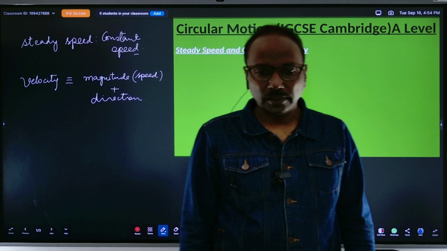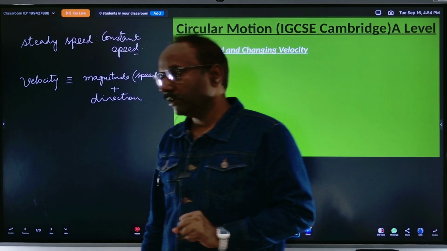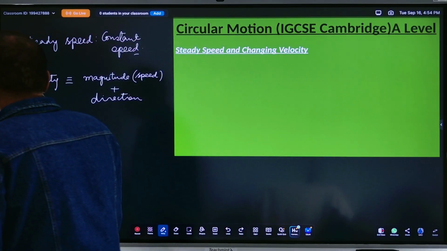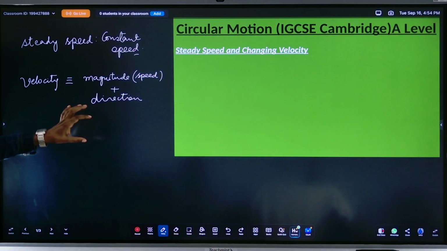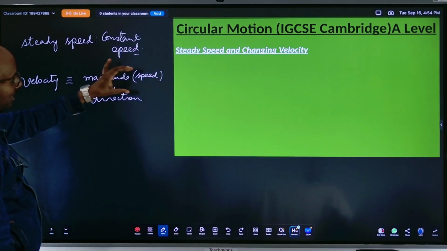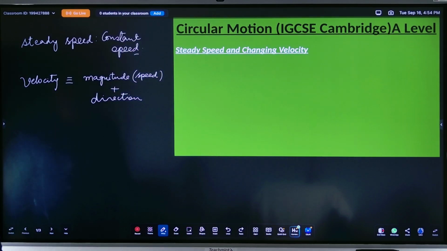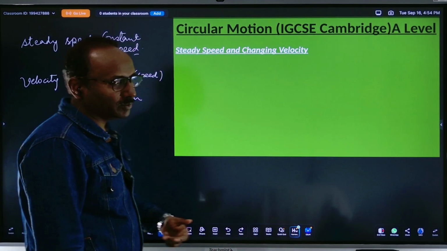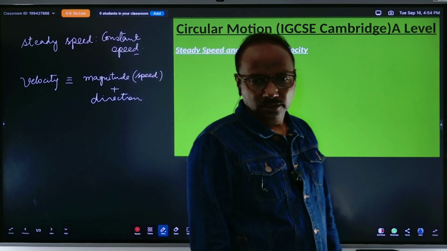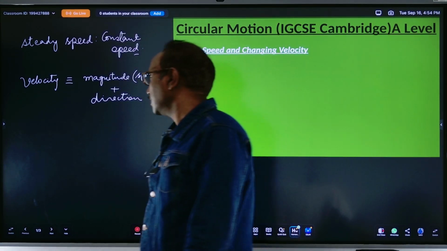Now the question is coming on changing velocity, means velocity is changing. So you do the permutation and combination with this magnitude, means speed and direction, and can see by how many ways the velocity will change.